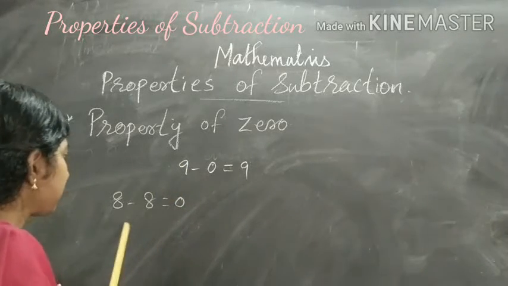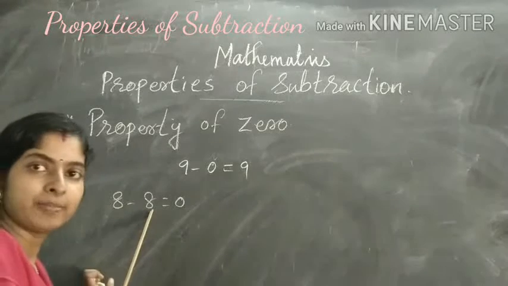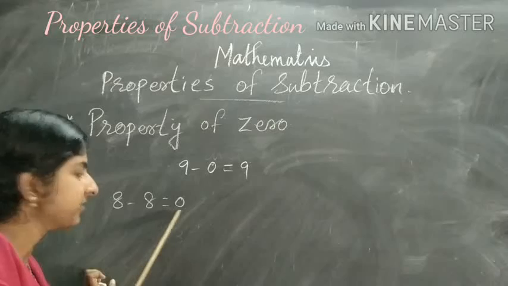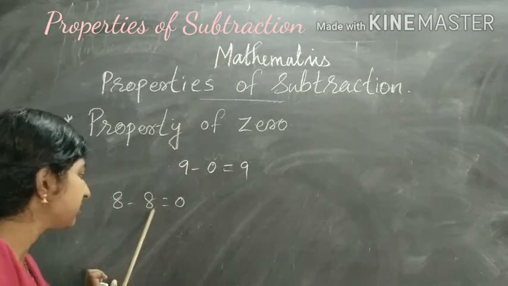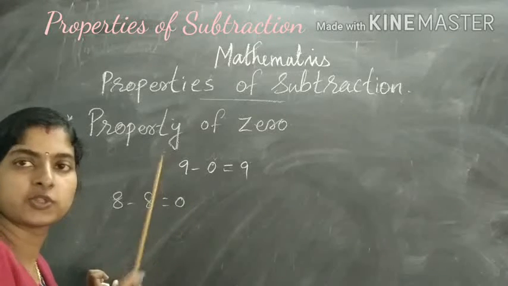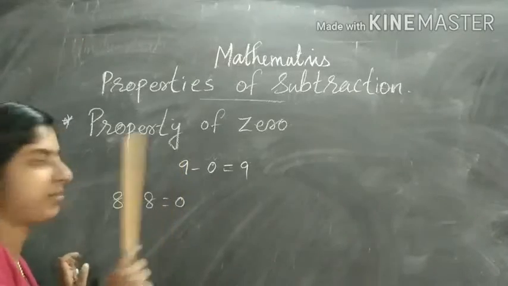Then, when a number is subtracted from that number itself, the difference is 0. Okay, these two properties are in subtraction.